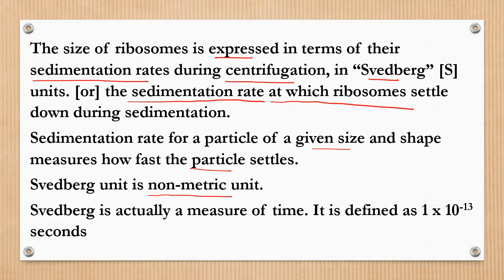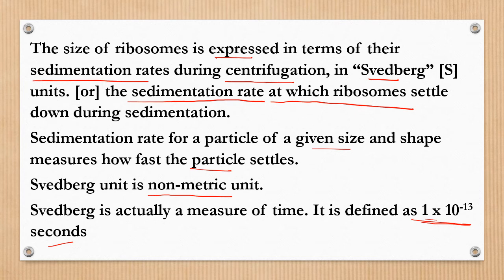Metric units are SI units, and this is not one. Svedberg is actually a measure of time, and 1 Svedberg unit is equal to 1 into 10 to the power of minus 13 seconds.